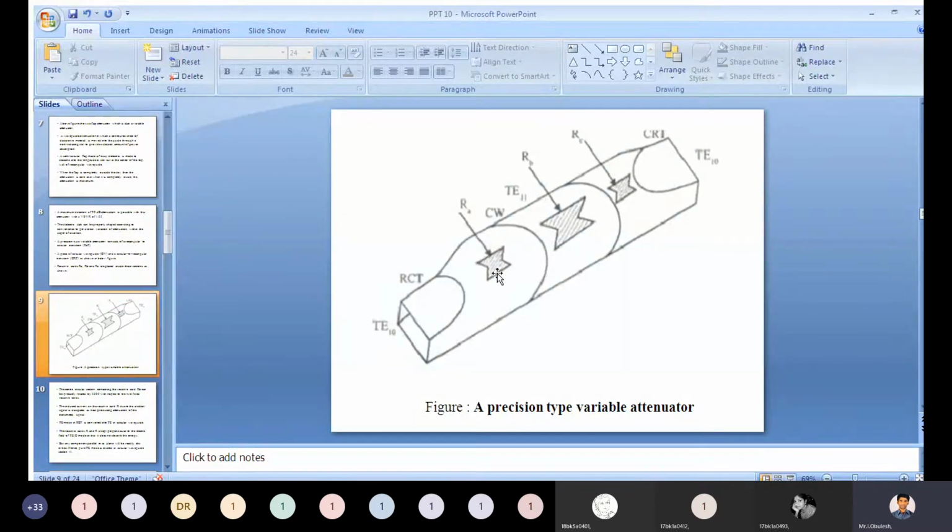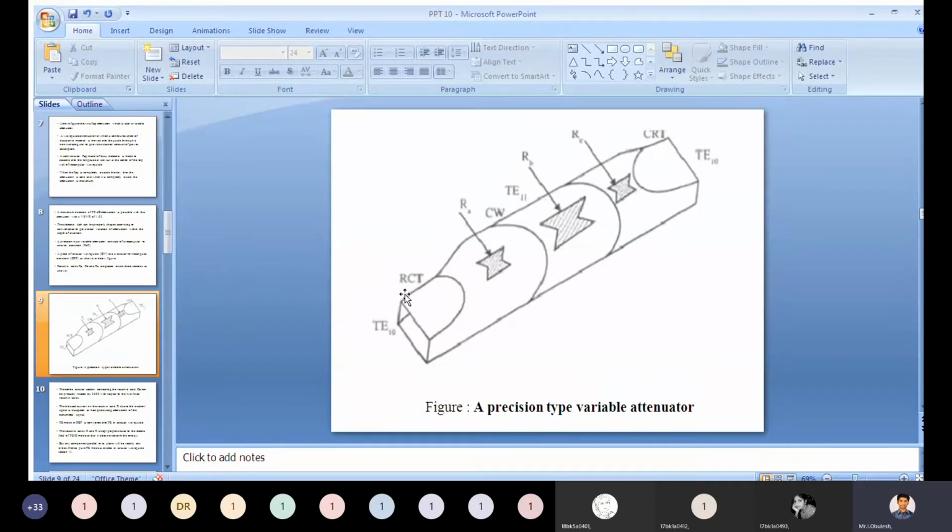The induced current on the resistive chord due to the incident signal is dissipated as heat, producing attenuation of the transmitted signal. You need to remember this.